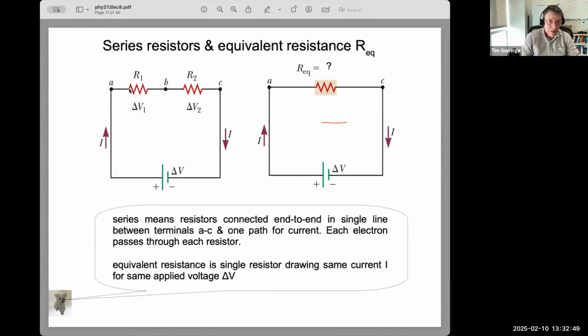Over here on the right-hand side, this is what we call a series arrangement of resistors. We've got R1, R2, and they are in series with one another and this battery here to form this complete circuit. If you were an electron going around this circuit, you'd start out at the negative terminal and you'd head round through this resistor on the right, this resistor on the left, and back to the positive terminal on this side of the battery here.